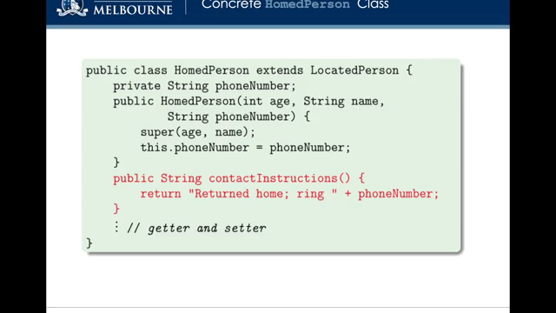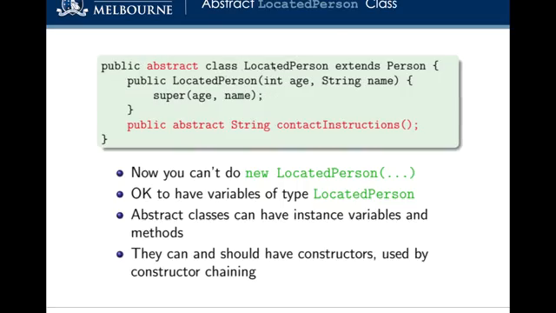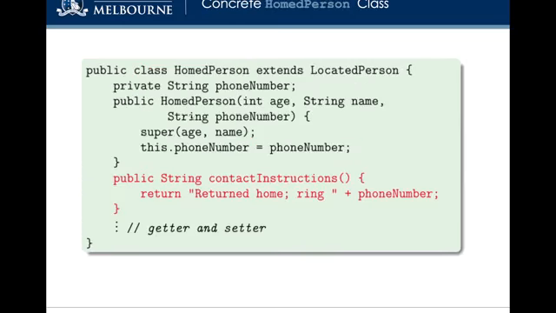This is an example of having a homed person extending the previous class, which is the located person. So this is the located person, which is now becoming abstract. So the homed person is now extending located person, and by doing so has to implement the contact instructions for that homed person.